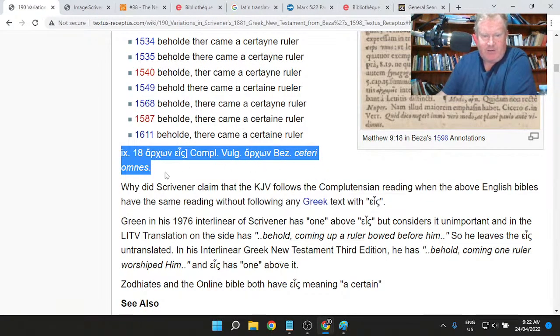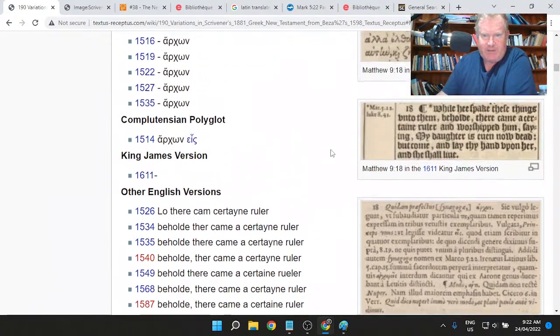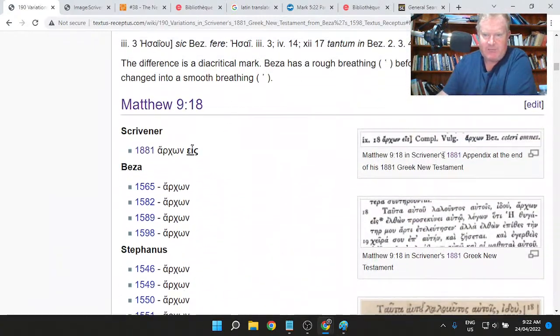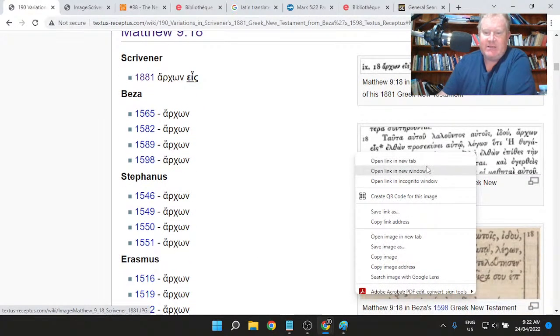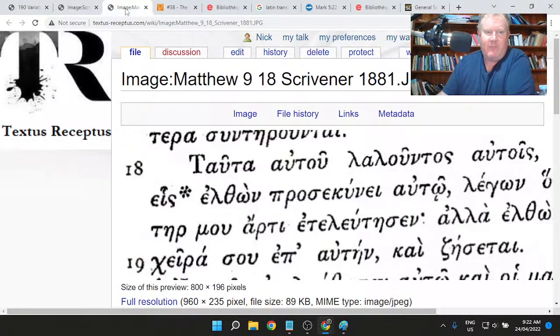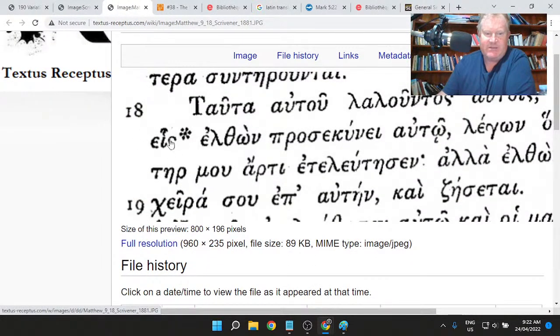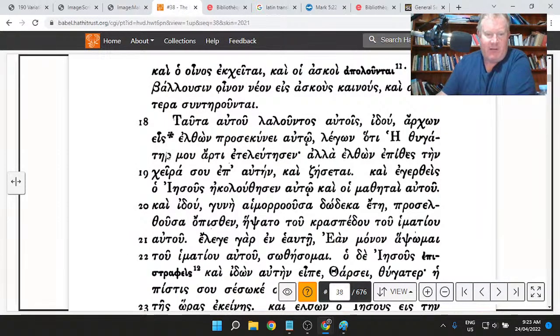You can clearly see that is what is written in Scrivener's 1881 appendix at the end of his 1881 Greek New Testament. If we go to his testament, we see the ice here and we see the asterisks. I've also got that lined up here. This is from Hathi Trust. They've got the whole thing printed out.